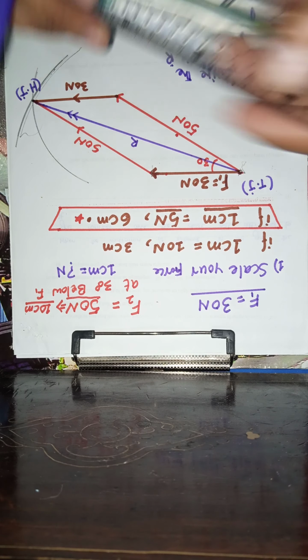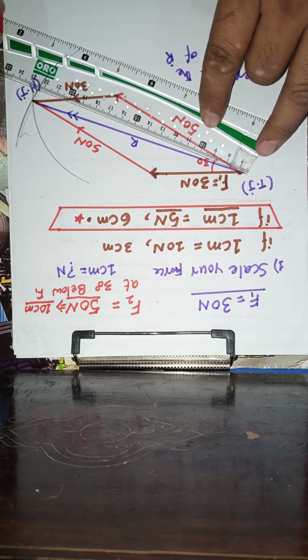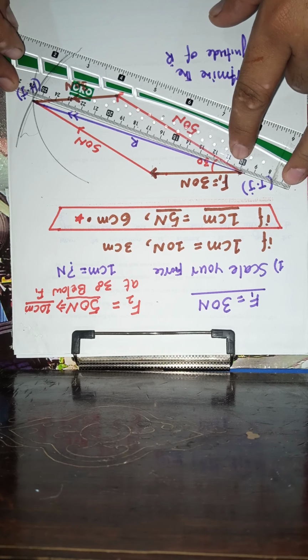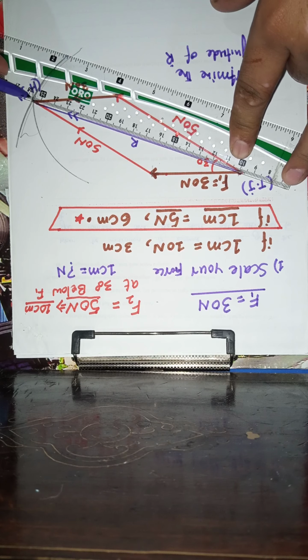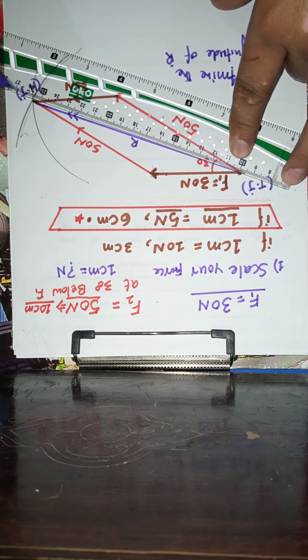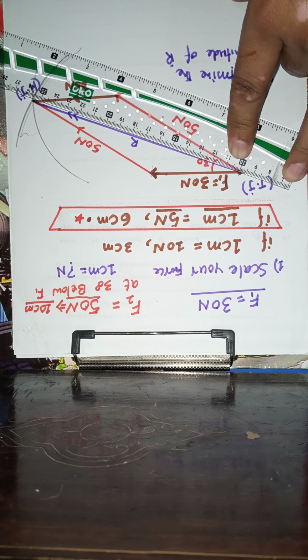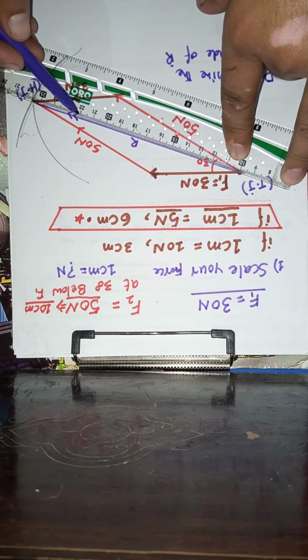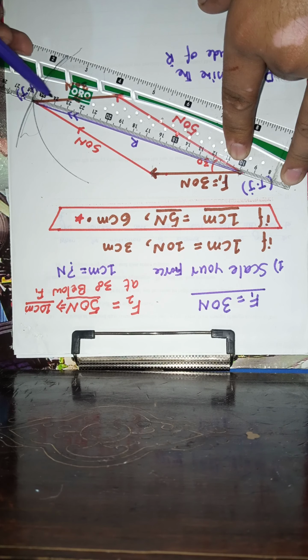So when I'm going to determine the magnitude of resultant, I have to measure the length. I have started all the length from 10 centimeter because this is my starting, and this is ending at 25.5. Check this one out. This is 22, 23, 24, 25, and this is 25.5.